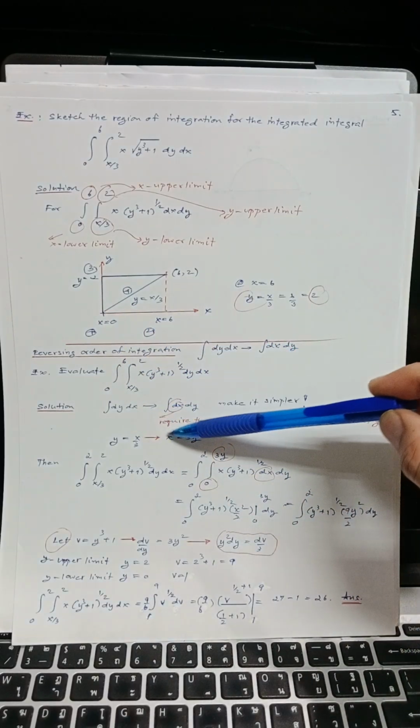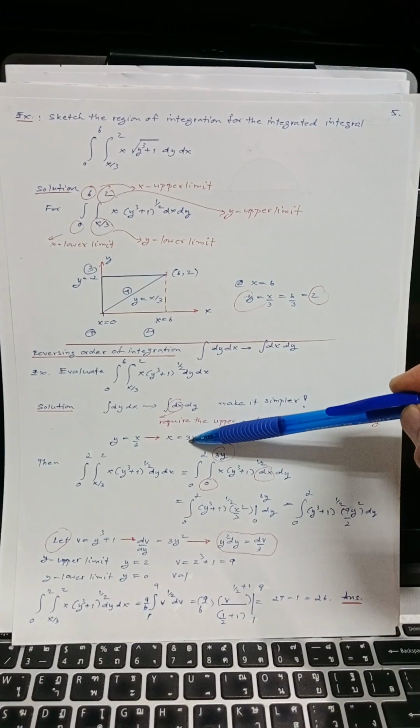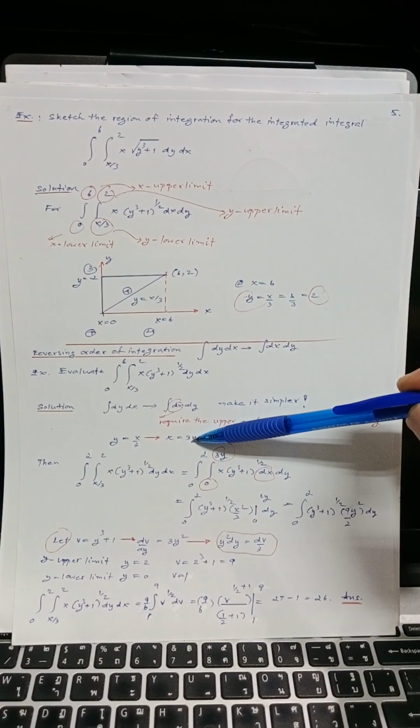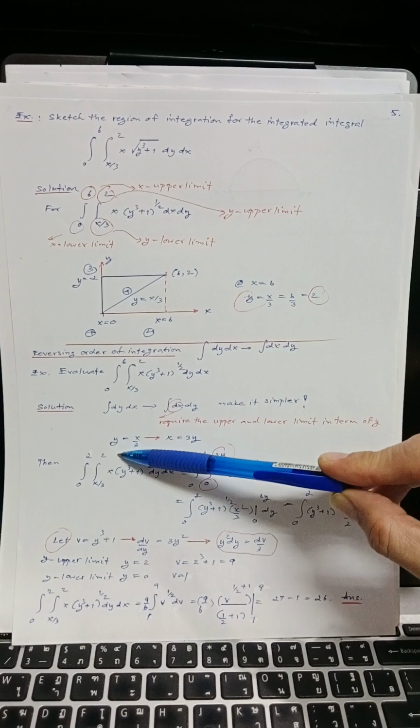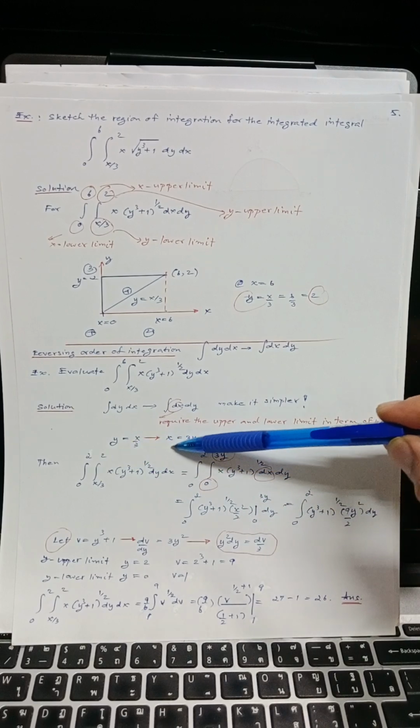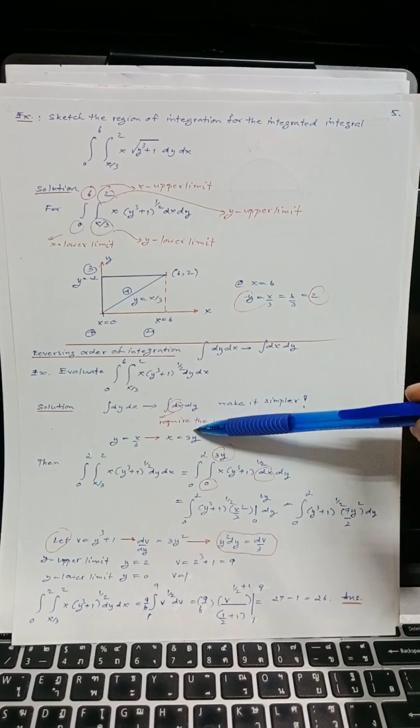So you can write x in terms of 3y, because later on you need to integrate with respect to dy, right? So everything has to be in terms of y. And then y equals x over 3 is given, and then x equals 3y.